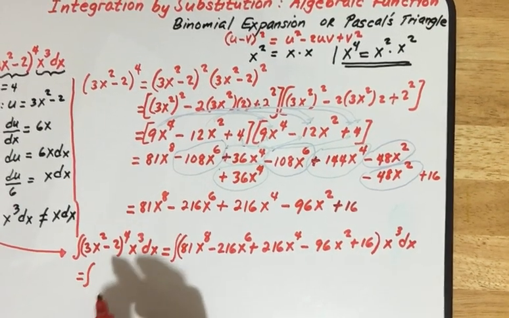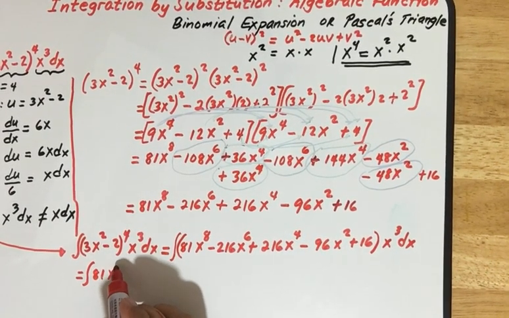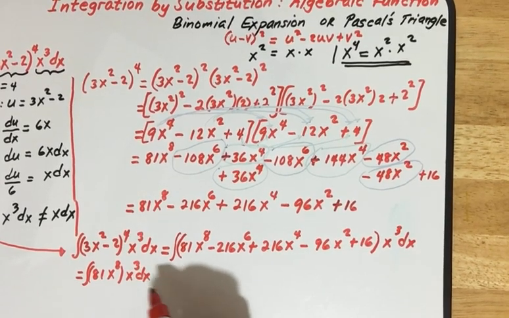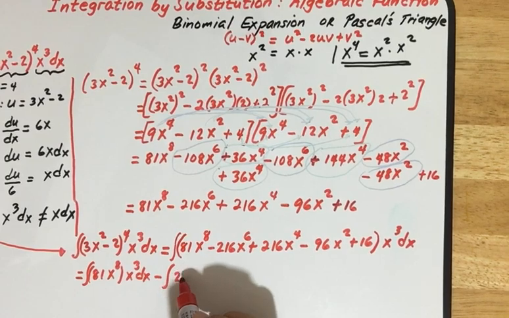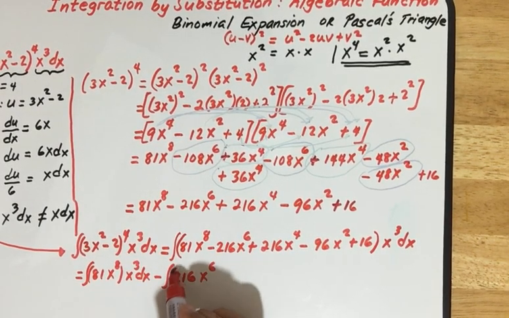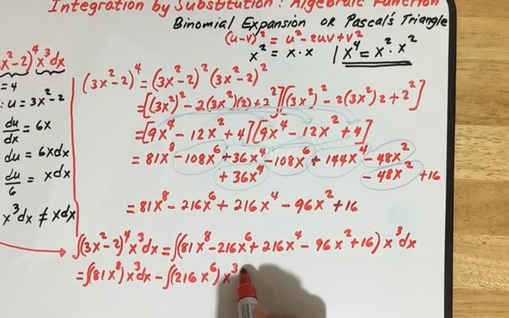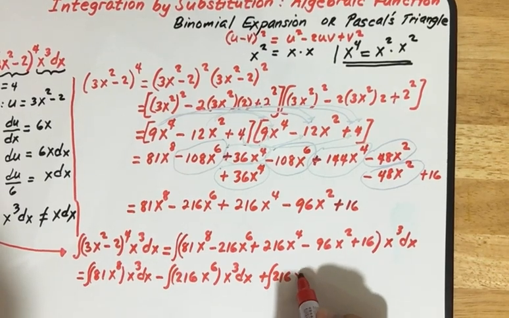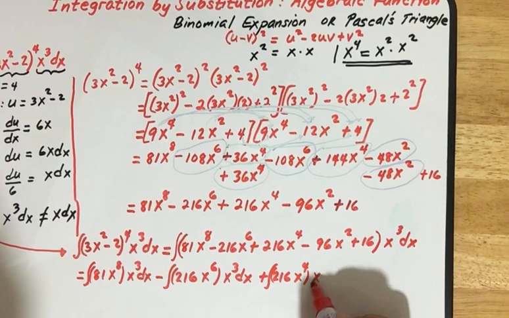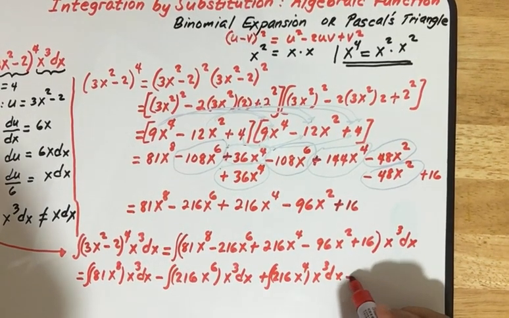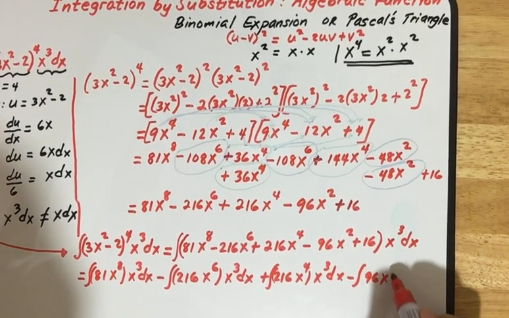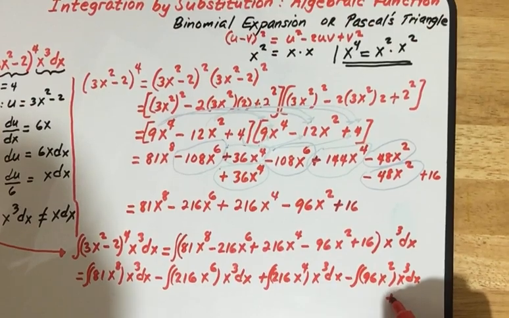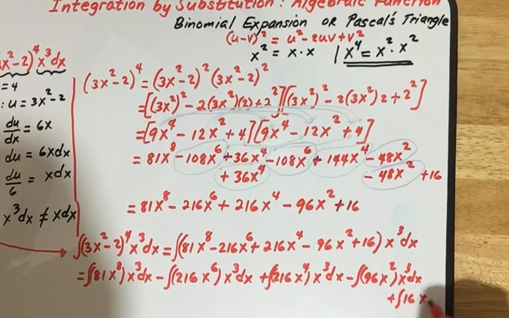So this will be the integral of 81x^8 times x^3 dx, then minus the integral of 216x^6 times x^3 dx, then plus the integral of 216x^4 times x^3 dx, then minus the integral of 96x^2 times x^3 dx, then plus the integral of 16 times x^3 dx.